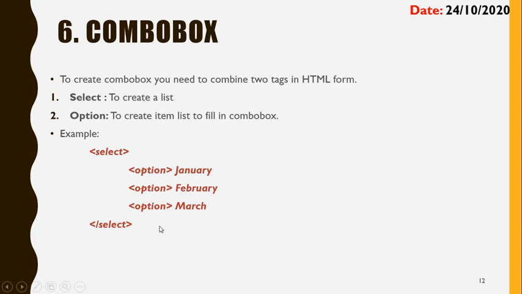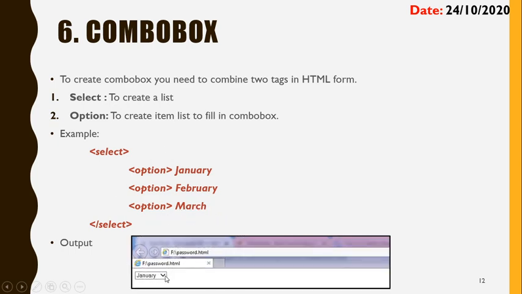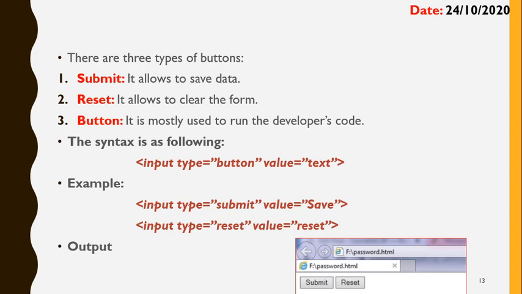If you have many options, then you write option April, option May, option like this. So the output is like this. It will look like this. When you click on this small arrow, it will show you January, February and March. From these three you have to select only one. That is called a combo box, or you can say a drop down list.